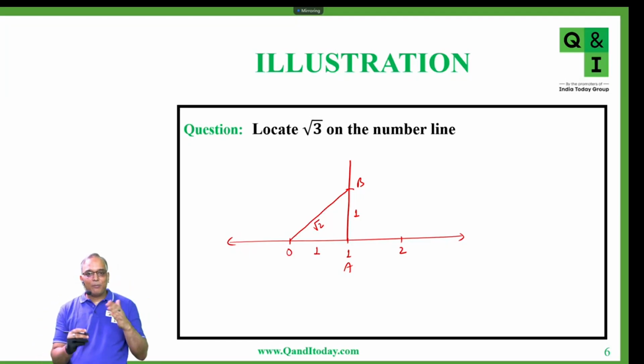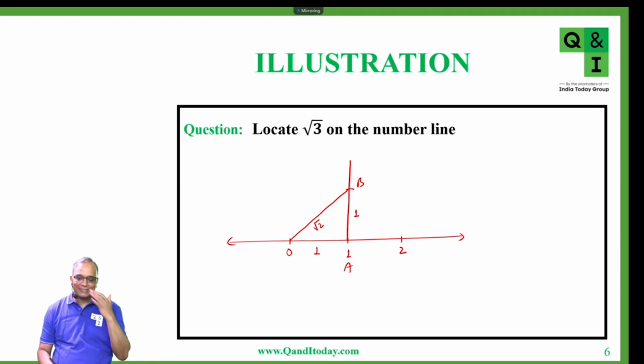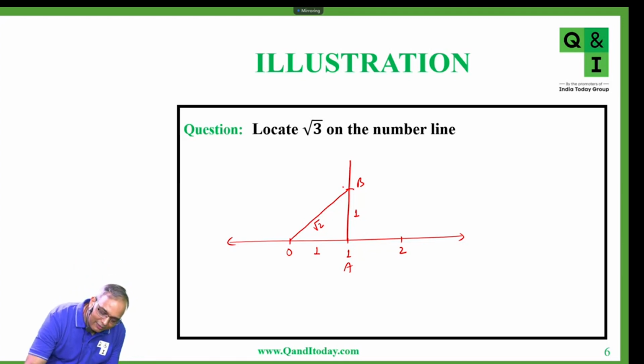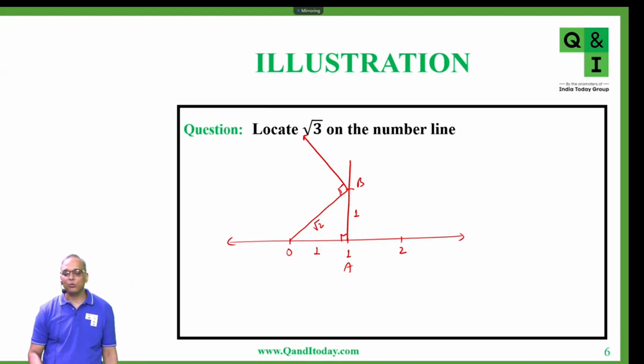Now from here, the steps change for root 3. There are two different methods, as I said. In the first method, let us draw a perpendicular at B, perpendicular to OB. So let's say this is a line which is perpendicular to OB.